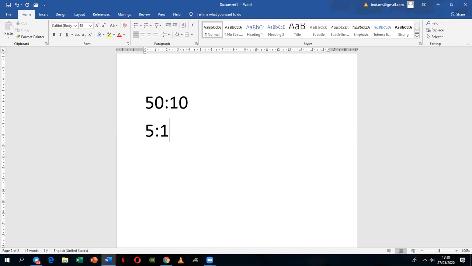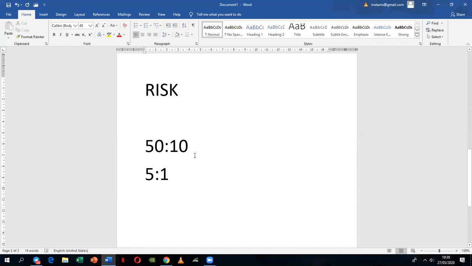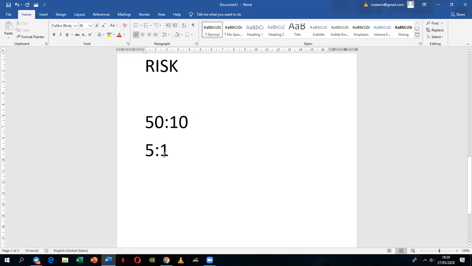You don't want a stop loss of 50 and a take profit of 10 pips. It's possible, but it's risky. If your trade hits stop loss, you've lost 5 times more than you would have gained. So that's bad risk. In simple terms, the first digit represents your risk, the second one your reward.